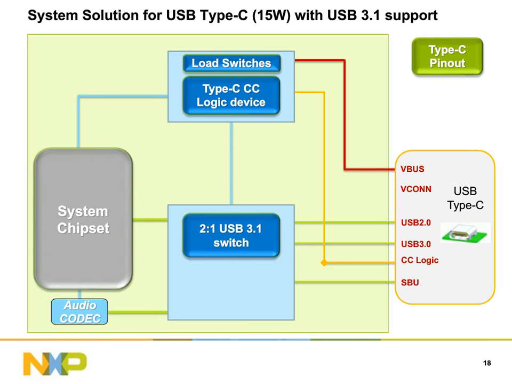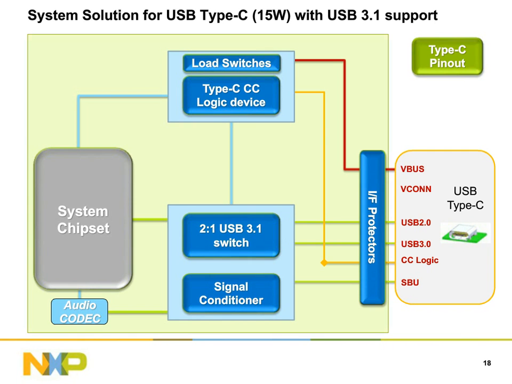And optionally, based on your USB 3 signal integrity and the data path, you may need a USB 3 redriver, and again, definitely some ESD and EMI protection for filtering for your ports. So you can see that the system just got simplified, and we just used a slightly different set of devices for this simpler application around USB Type-C.